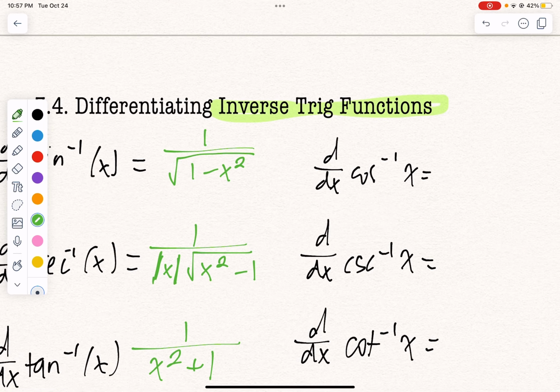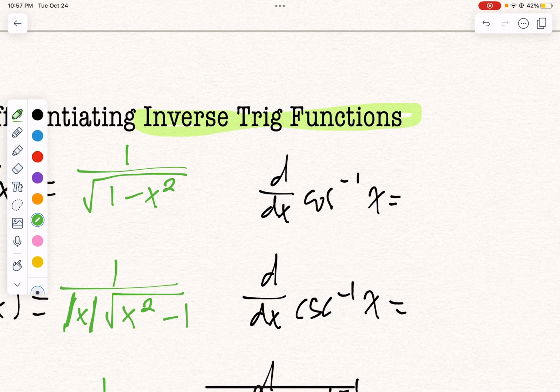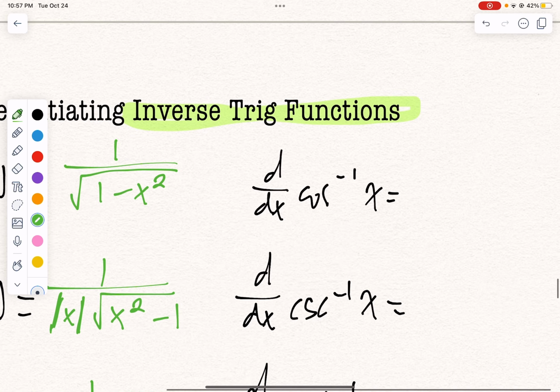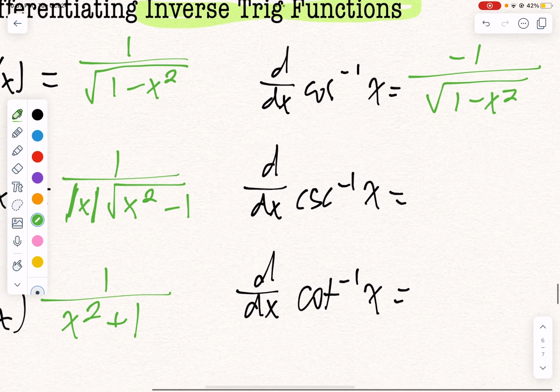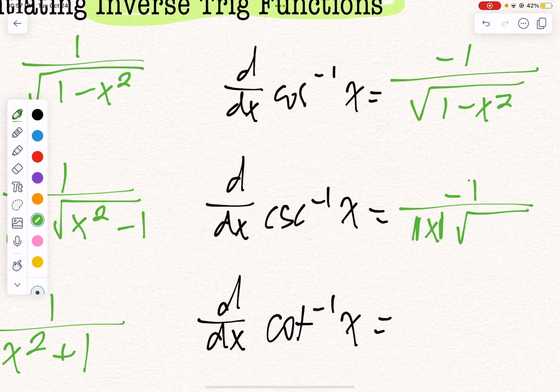And this side's even just great. The derivative of cosine's inverse, I apologize, is going to be negative 1 over the square root of 1 minus x squared. The derivative of cosecant inverse is going to be negative 1 over the absolute value again of x times the square root of x squared minus 1.